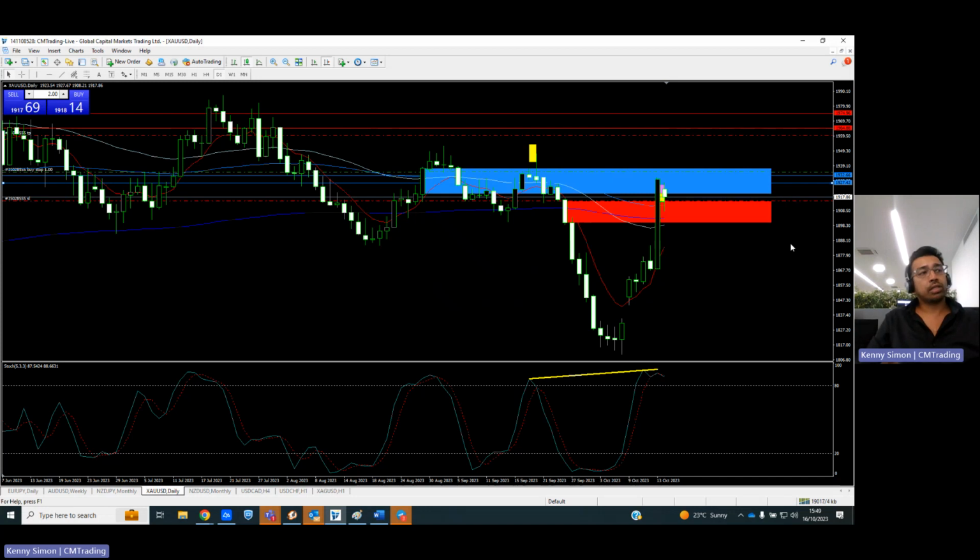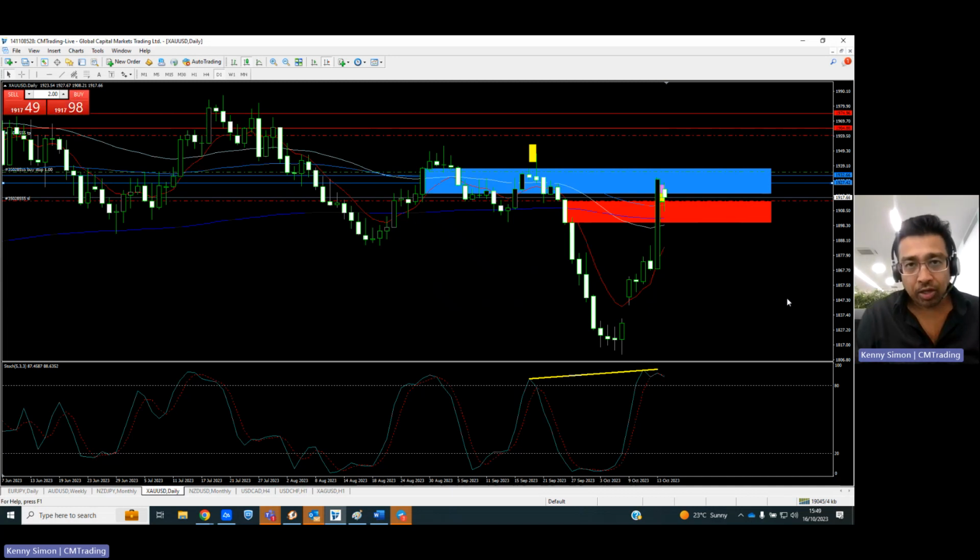Now the current price is indeed in that black zone, in that little gap. Once price has pierced through the blue, then you can look into buying opportunities. And if it starts to fall and pierces through the red box, then you're looking at a selling opportunity.